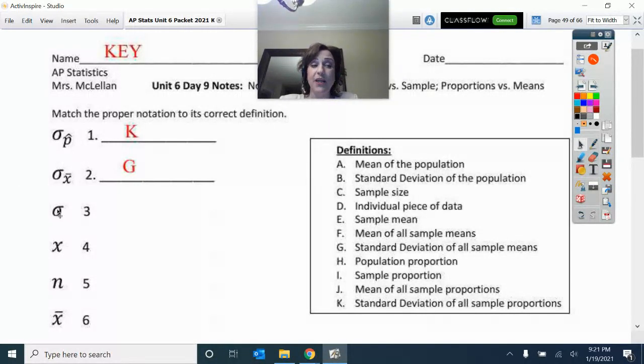All right, but this one right here, this standard deviation, that one is for the whole population. So that's the standard deviation of the population. Now, we talked about when we did our timer activity, you had 30 different times. Each one of your times was an individual piece of data. So you had 30 X values. So that was individual pieces of data.